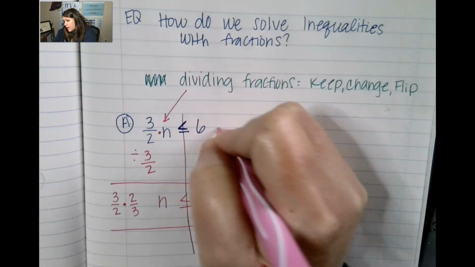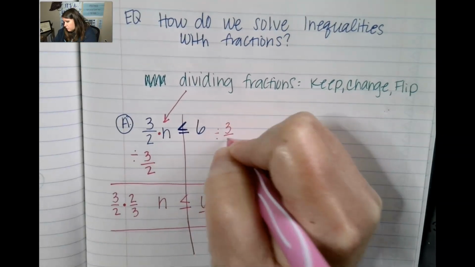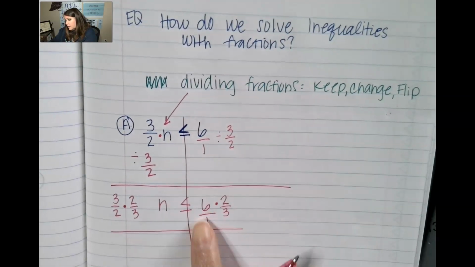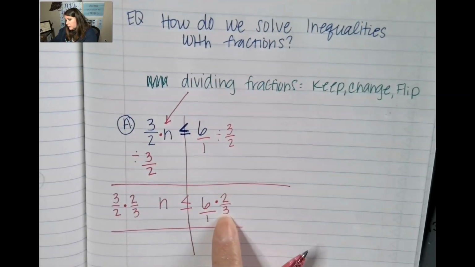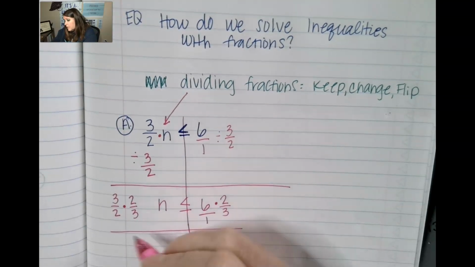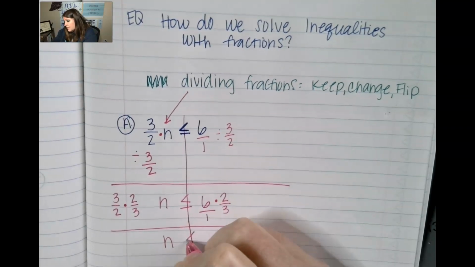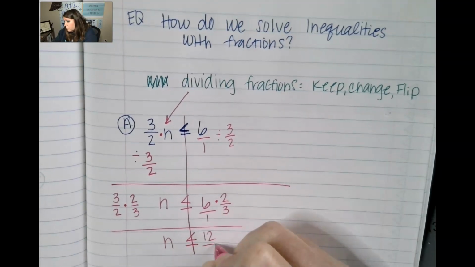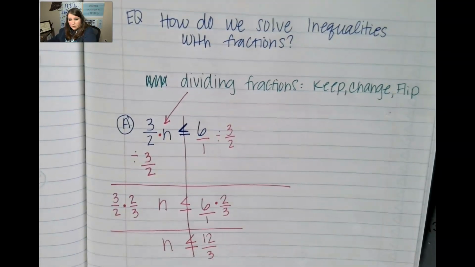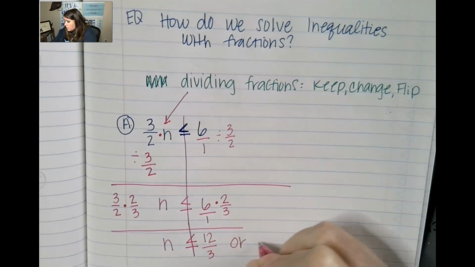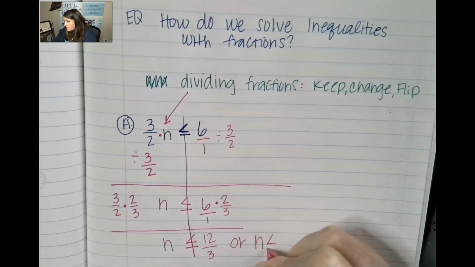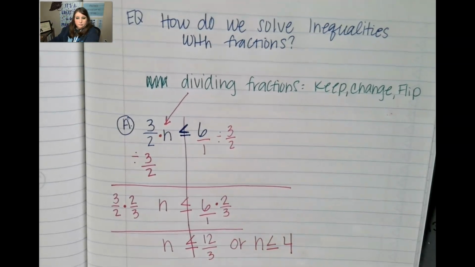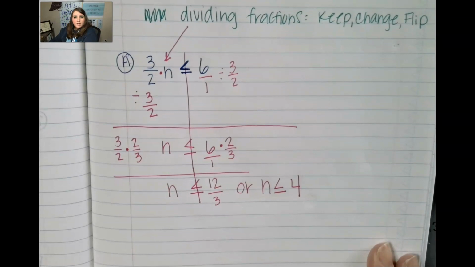So when we divide by 3 over 2, this would be keep it, change it, flip it. So this becomes n is less than or equal to 12 over 3, or n is less than or equal to 4, because you can reduce that fraction.